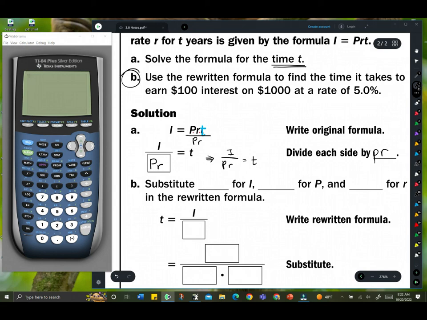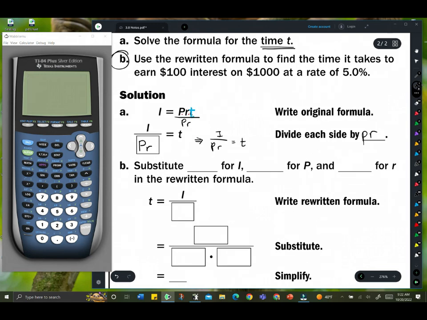Then we can do something like letter B here. Use the rewritten formula to find the time. So now we can find time instead of interest. It takes to earn 100 in interest. So that 100 just goes in for the I. The 1,000 is our principal, or our P, and our rate, 5%, remembering from the other day, that's 0.05.